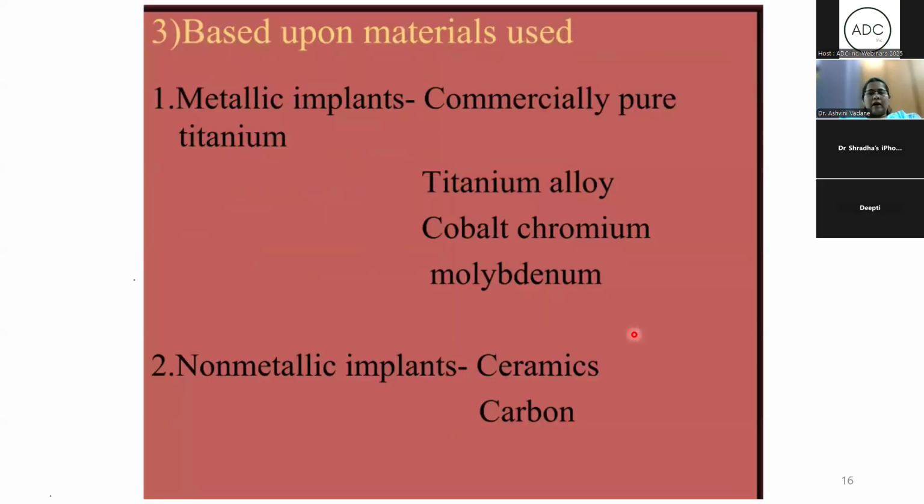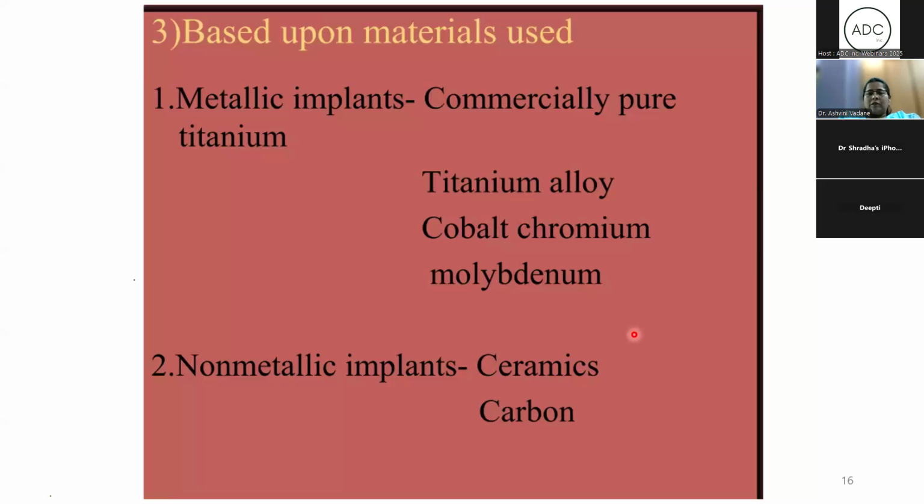After that, the third criterion to divide the dental implants is based on the materials used. So the first one is the metallic implants. In this, the first one is the commercially pure titanium. Second is the titanium alloy. Then we can use cobalt, chromium or molybdenum.